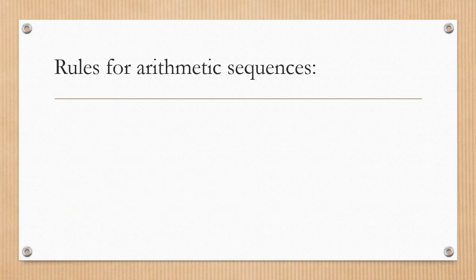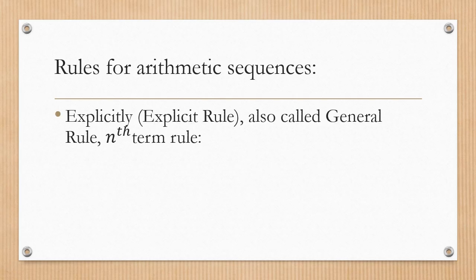So let's talk about the rules for arithmetic sequences. The first rule is called the explicit rule. It's also called the general rule and the nth term rule. So explicit rule, general rule, and nth term rule all mean the same thing.